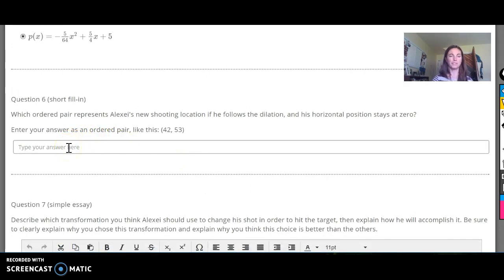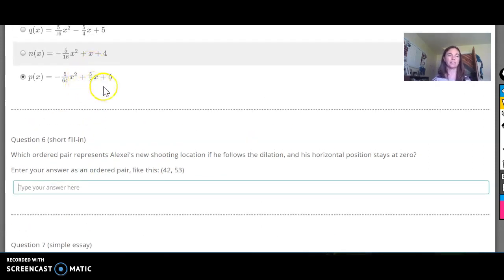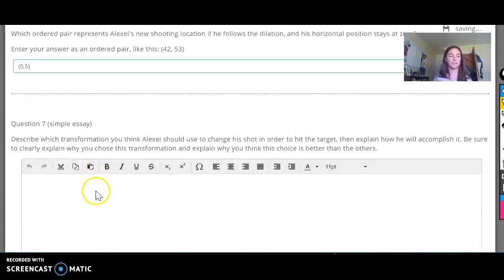Which ordered pair represents his new shooting location if he follows that? Well, remember, if you plug 0 in, if he stays at 0, we get negative 5/64 times 0 plus 5/4 times 0 plus 5. So that shooting location is going to be 0 and 5. Okay, that's all you have to do to plug that in.